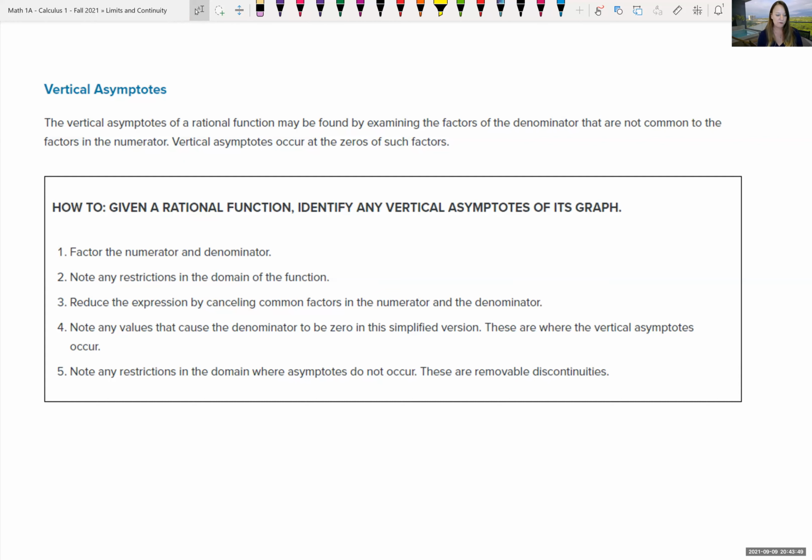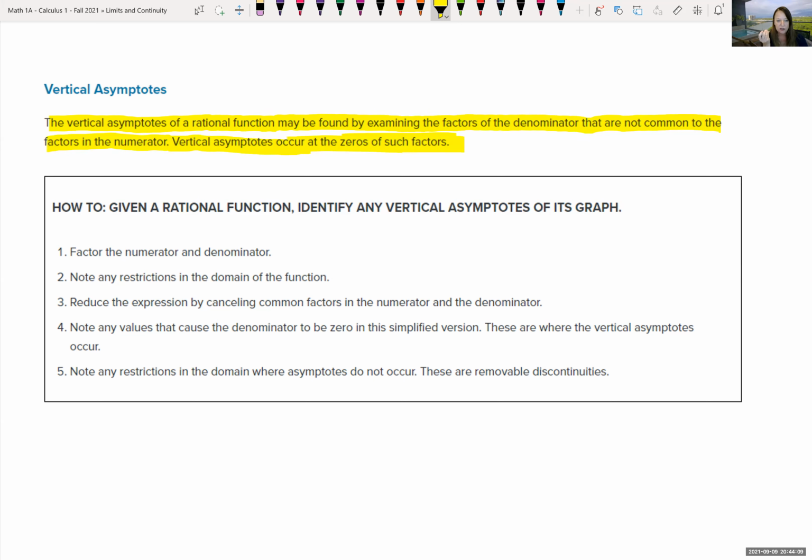Okay, so recall vertical asymptotes. Vertical asymptotes of a rational function may be found by examining the factors of the denominator that are not common to factors of the numerator. Vertical asymptotes occur at zeros of such factors.